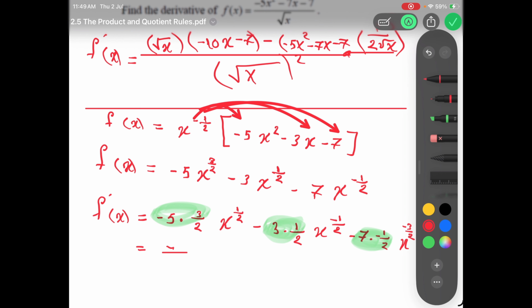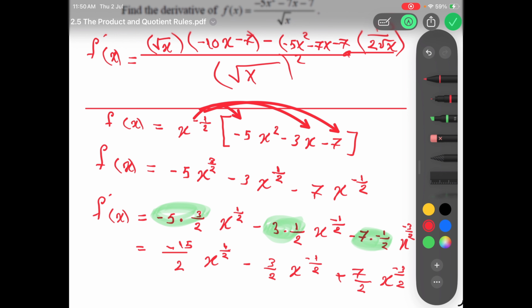It will be minus 15 over 2 x to the one half, minus 3 over 2 x to the minus 1 over 2, then plus 7 over 2 x to the minus 3 over 2.